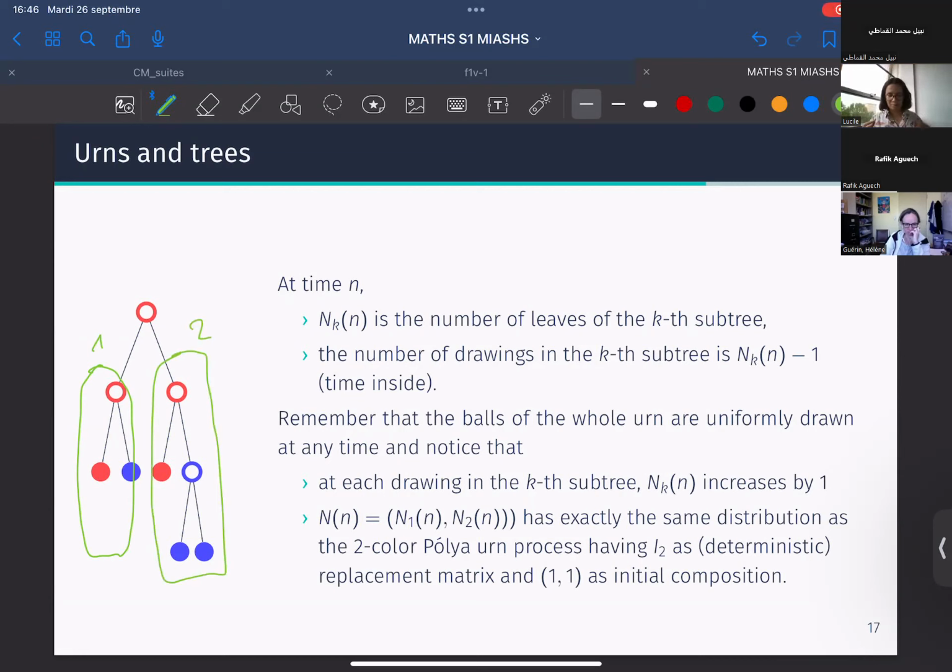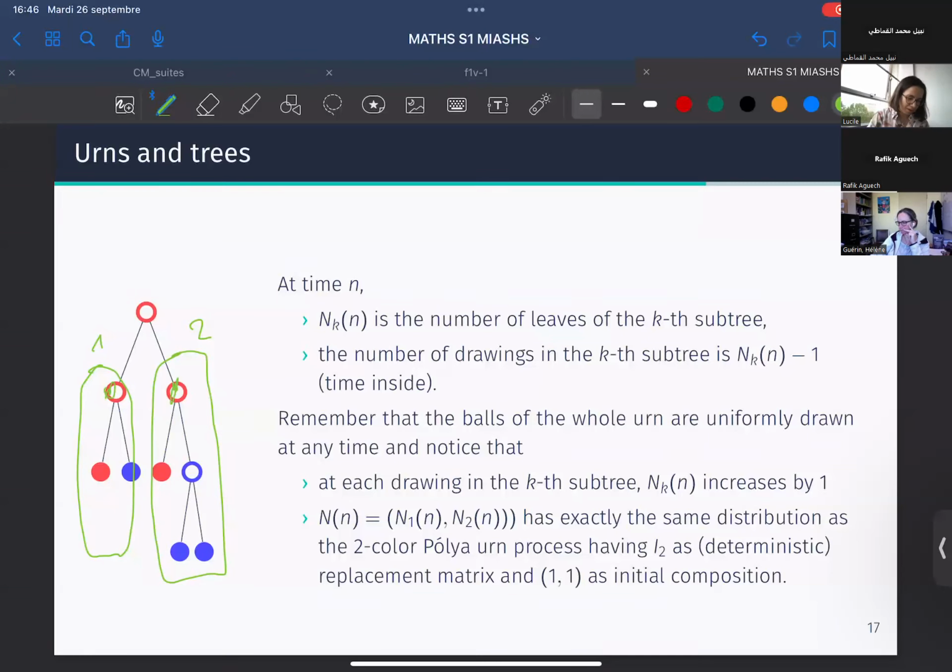Then if you remember how the urn behaves, at every time you pick a ball, and the ball you pick is either of type 1 or 2 because it's a descendant of the ball of type 1 or 2, because at one time you can go back to either this one or this one. And at every time you add a new ball either in the first subtree or the second subtree.